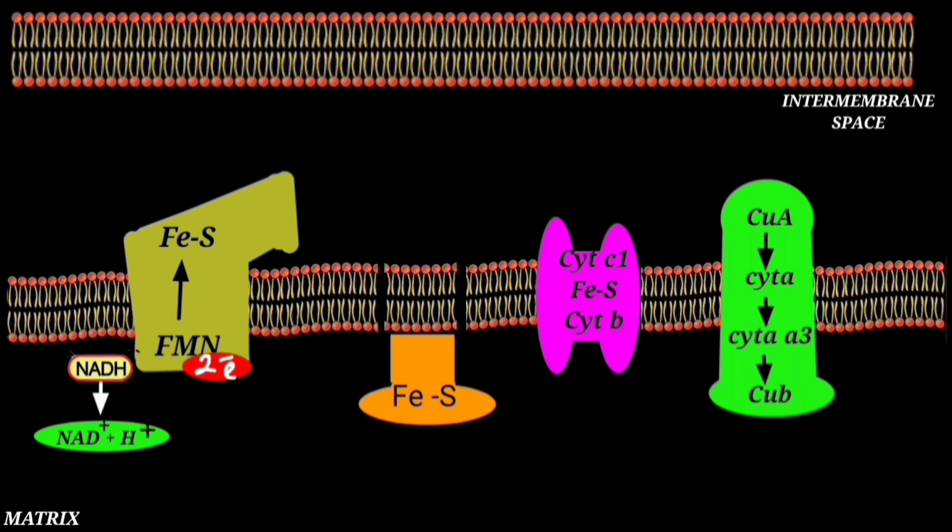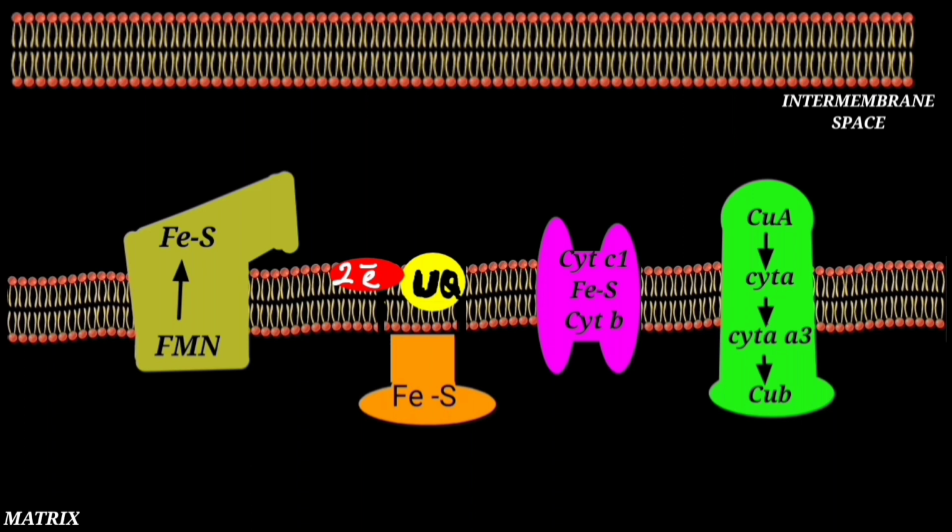The electrons are accepted by the flavin mononucleotide, which is thus reduced, and it sends these electrons to the iron sulfur clusters. Ultimately, these electrons are received by the ubiquinone molecule, which is further reduced into ubiquinol.